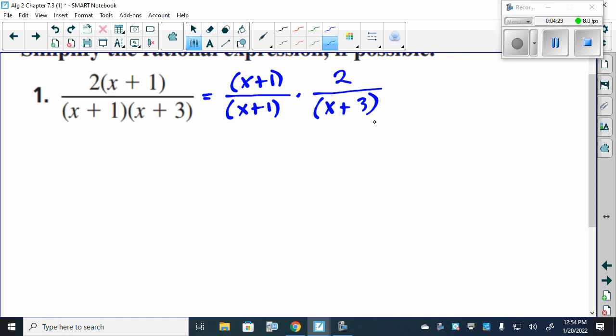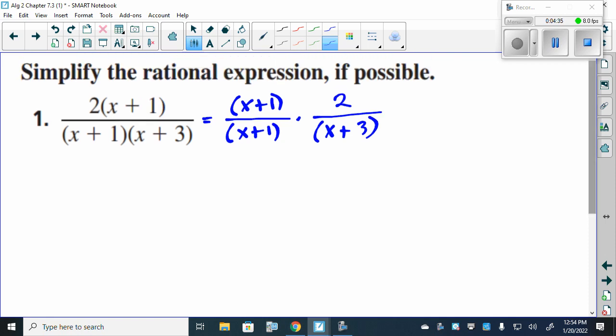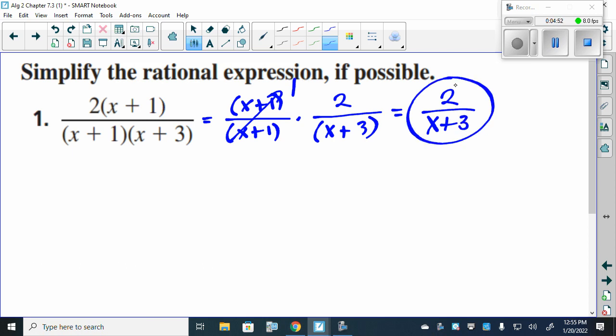So we can break these back up easily. x plus 1 divided by x plus 1 will simplify to 1, because anything divided by itself is 1, so that simplifies out, leaving us with 2 over x plus 3. And that is in simplest form.